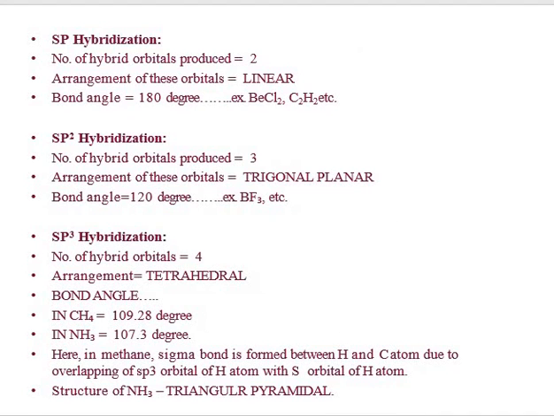And finally, we can also conclude with the example and shape by this slide: number of hybrid orbitals produced, the shape and the bond angle, with the example for sp, sp2 and sp3 hybridization.